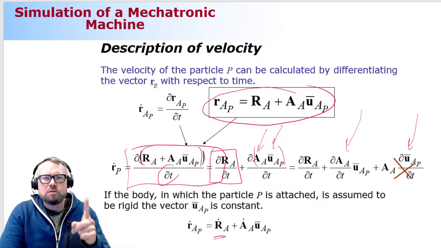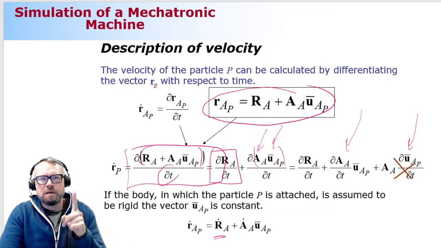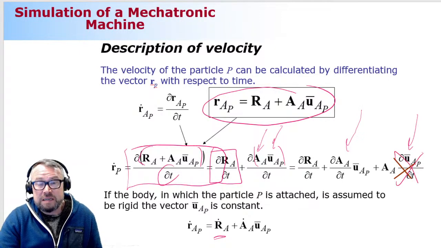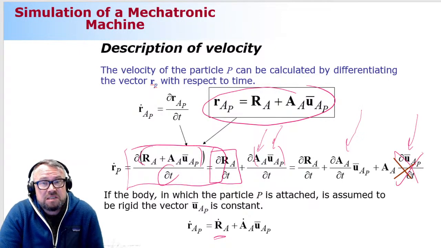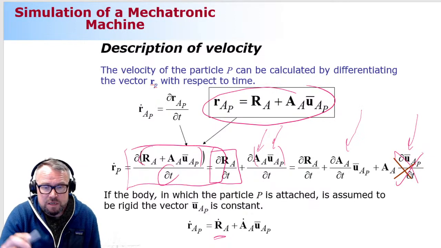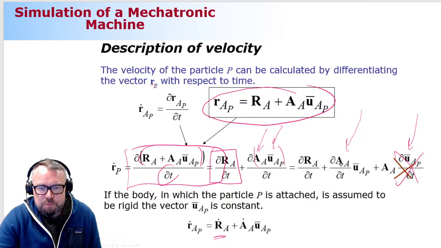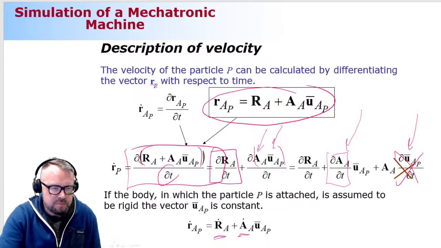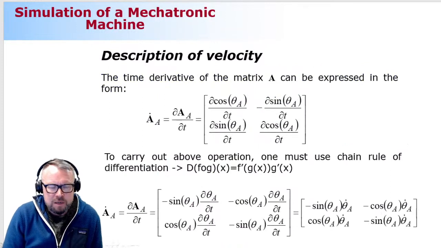Remember, the vector u bar is constant, so it does not change as a function of time. That's why this component can be deleted. It does not affect the velocity. What is left is the derivative of the rotation matrix with respect to time. This is what we need to look at in detail to have a good understanding of it.